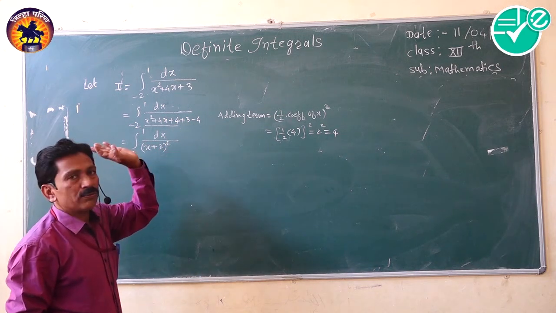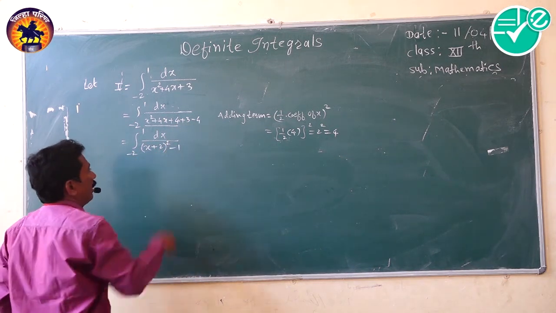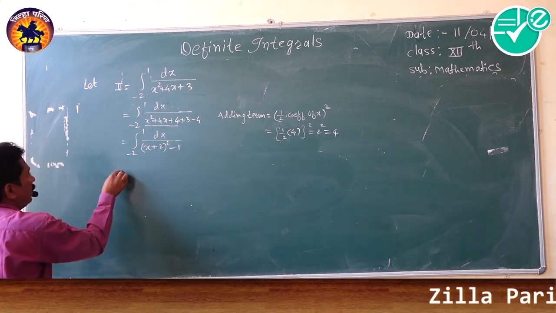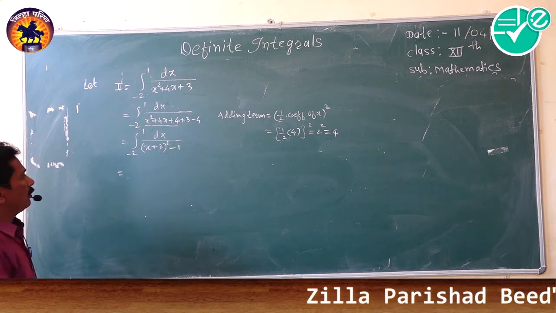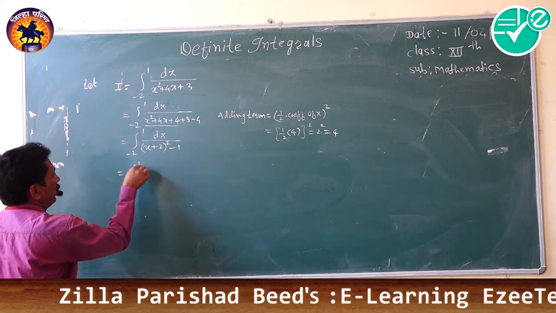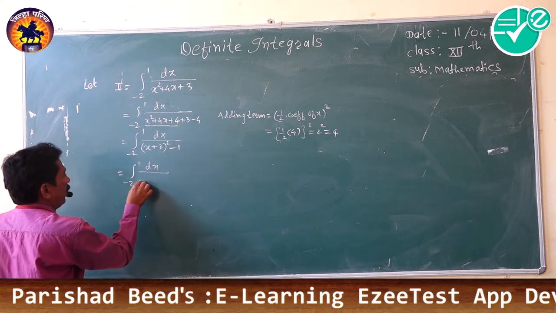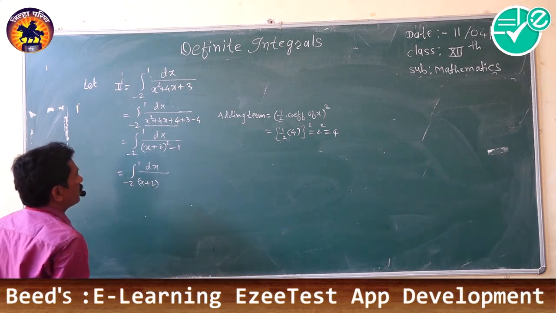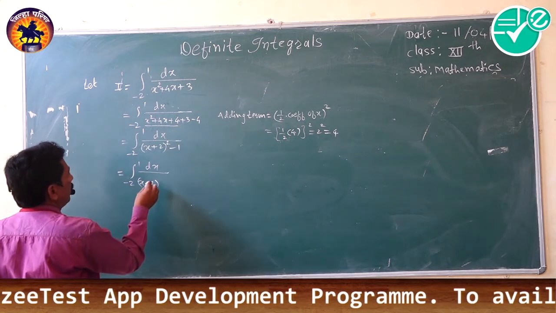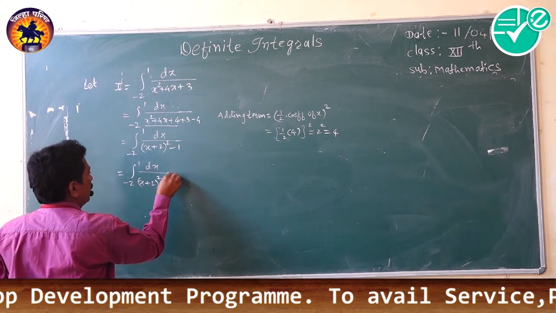Now 3 minus 4 becomes minus 1. This is equal to integral from minus 2 to 1 dx upon x plus 2 bracket square minus 1 square.